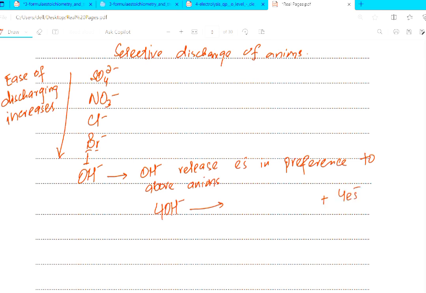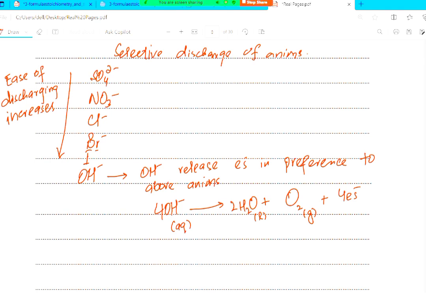We have 4 hydrogen and 4 oxygen; 4 hydrogen and 2 oxygen I have used over here, which will be in the liquid form as water, and the remaining 2 oxygen will be released in the form of gas. So this equation you have to understand. These hydroxide ions are in the aqueous form. But this is the selective discharging of anions.